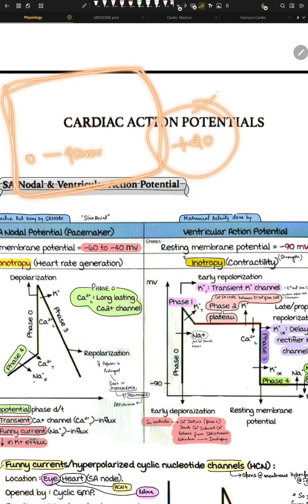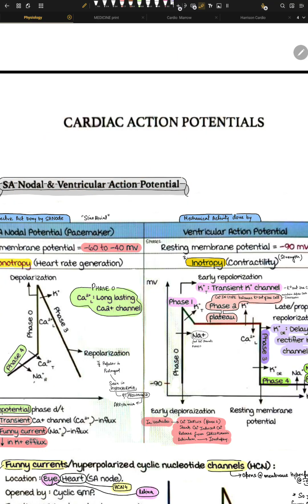So for example, plus 45 worth of charge rushes inside. So suddenly the resting membrane potential of this cell jumps from minus 90 to minus 45. This change of voltage is actually called action potential. I hope I'm able to teach you this concept of action potential, right?